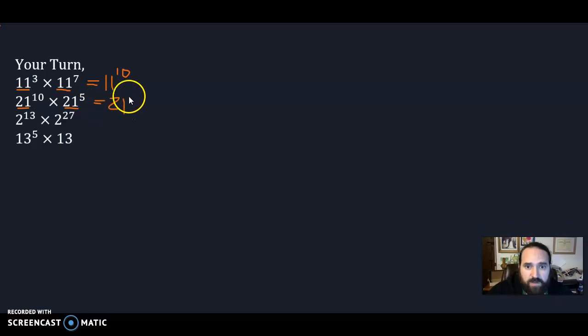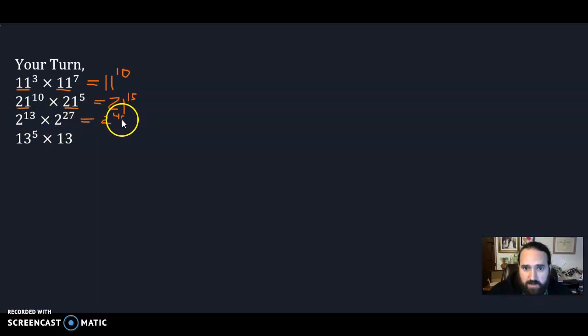Mister, these were in our notes. I know. And we're going to do these. Like I said, I just snagged these from earlier. So 21 to the 10th times 21 to the 5th is 21 to the 15th. No big deal. This one right here, you guys can see, I would keep a base of 2. 13 plus 27 is 40.